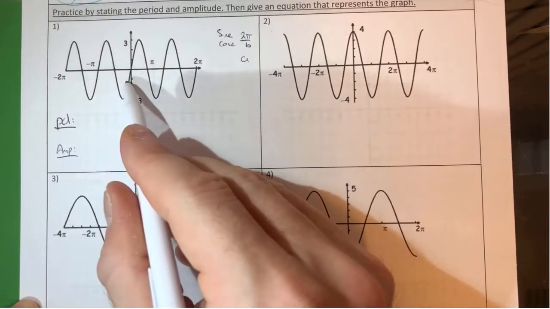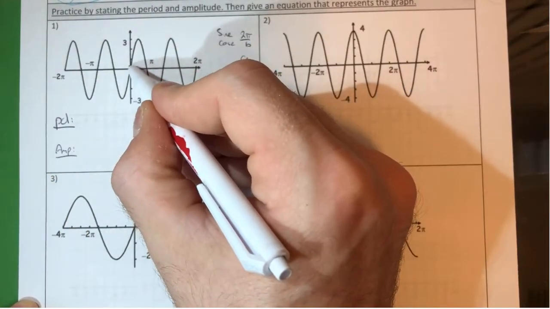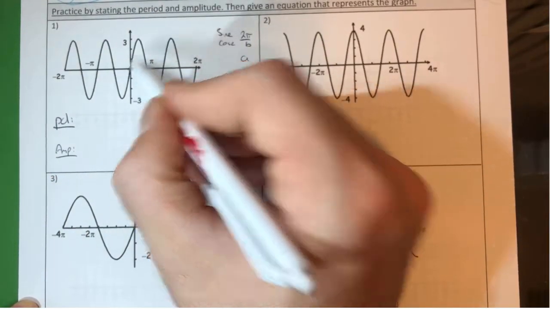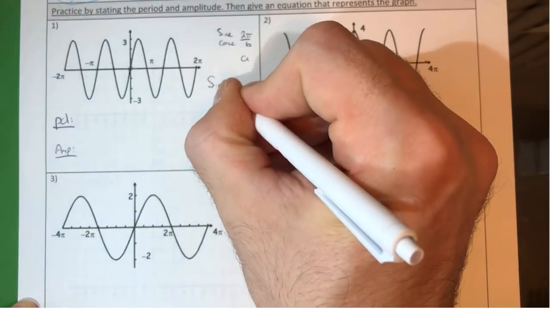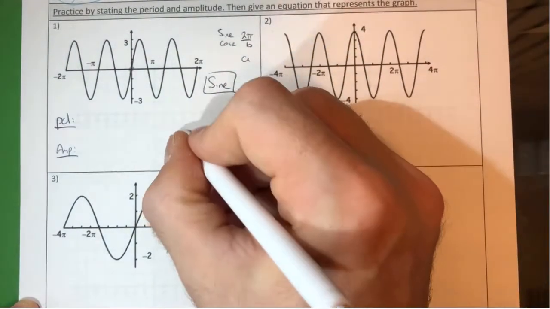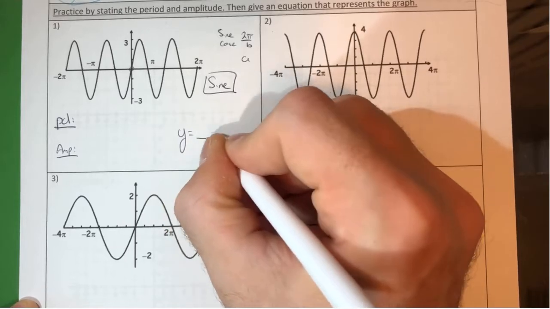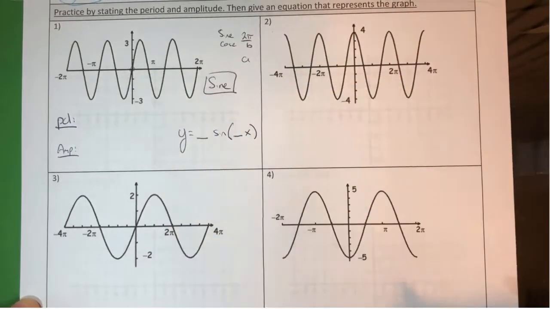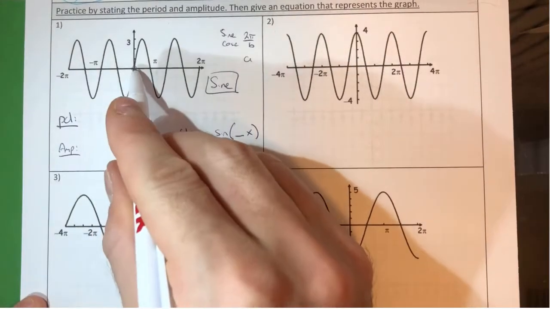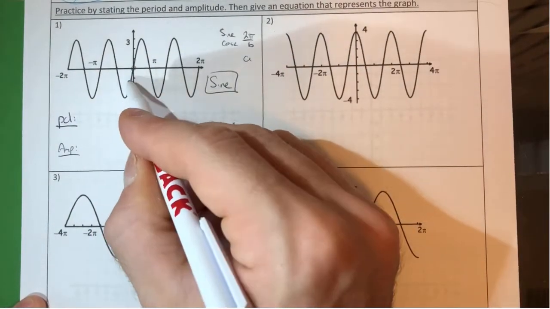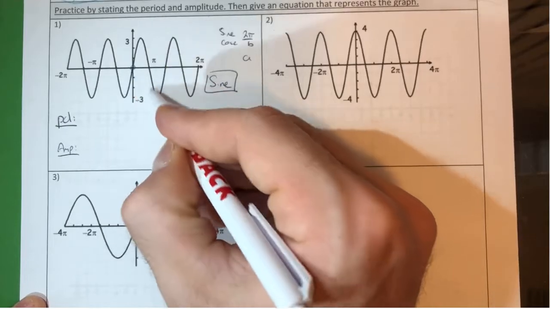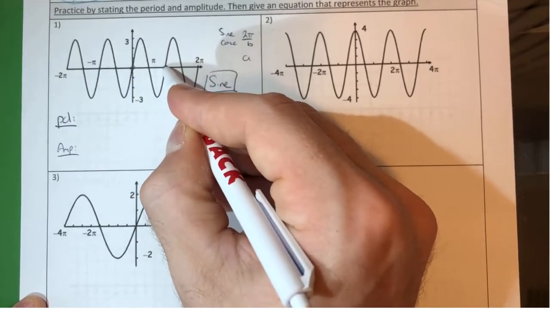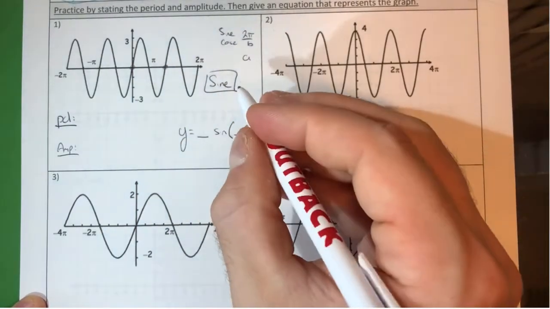The period is the length over which this graph repeats itself. If we start right here in the middle, we know first off this graph is going to be a sine graph. So it's going to be y equals something sine something x. And when does the graph come up to this point again? Well, right here. And that's every pi.